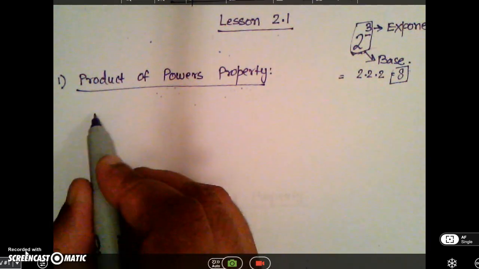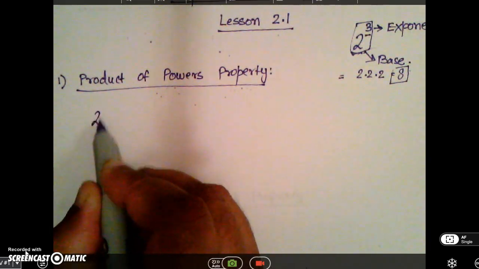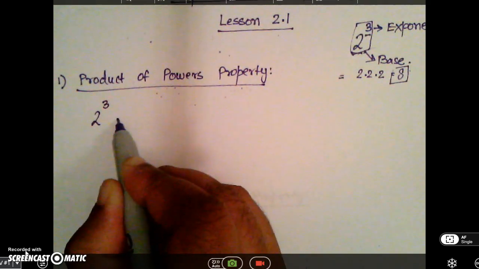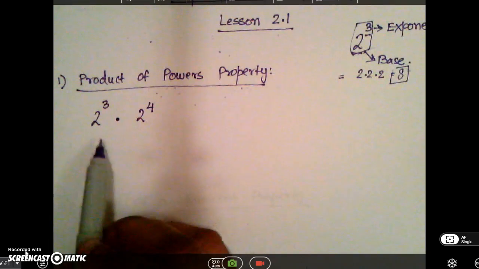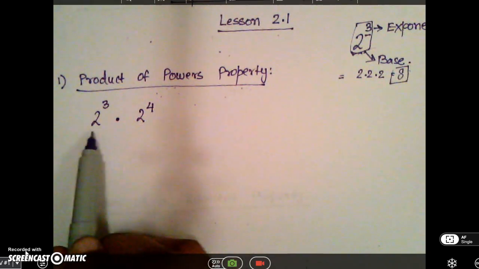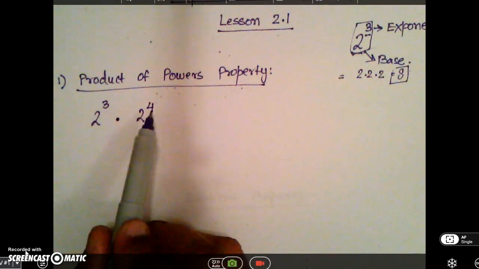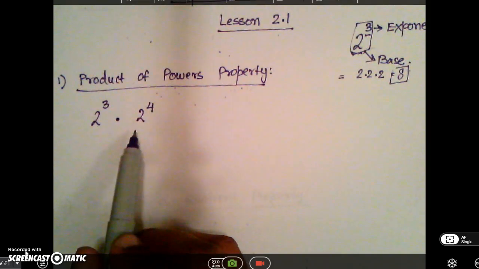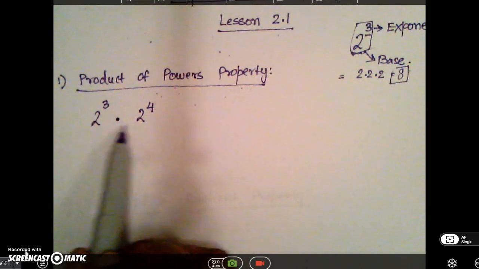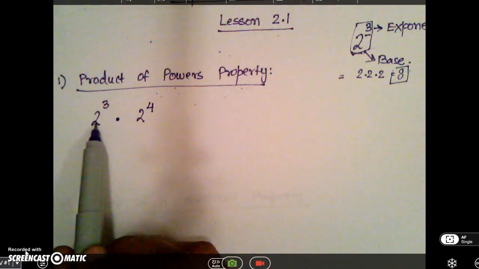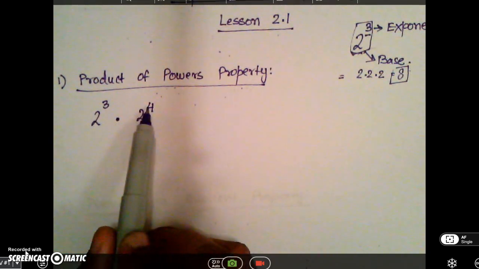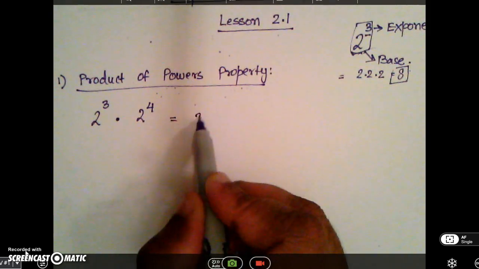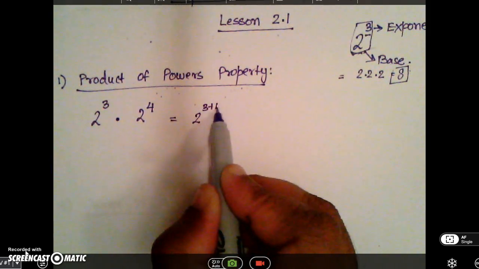Say I have a power 2 to the power of 3 and I'm multiplying it by another power, which is 2 to the power of 4. As you can see, the bases are one and the same, but the powers may be the same or different, it doesn't matter, but the base has to be the same. So if I have the same bases, I can simply go ahead and add the powers. It will give me my simplest answer.